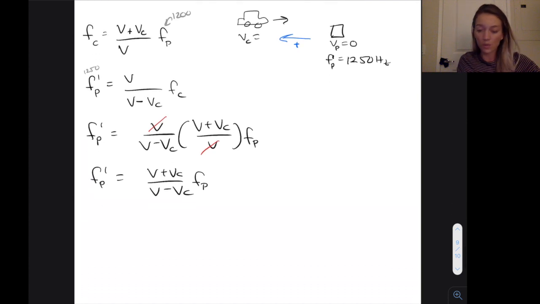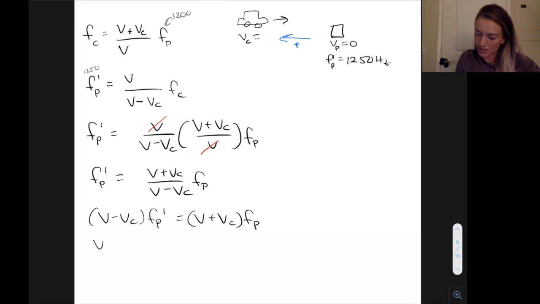So let's just solve for the velocity of the car. Let's cross multiply. So we get V minus VC times FP prime, and then V plus VC times FP.